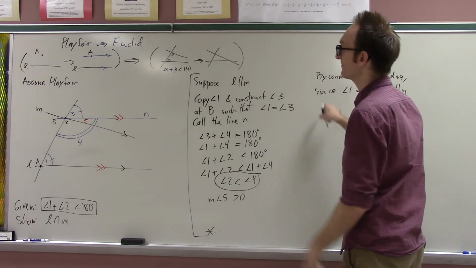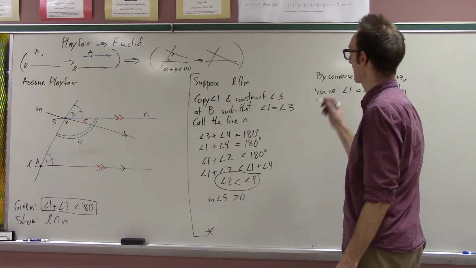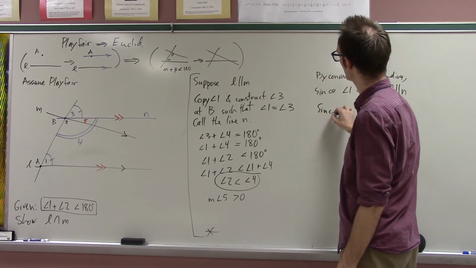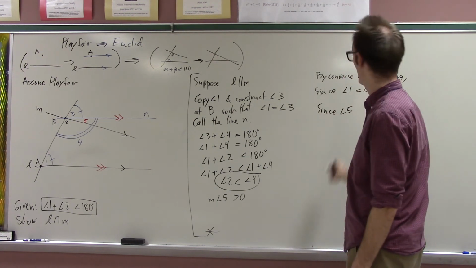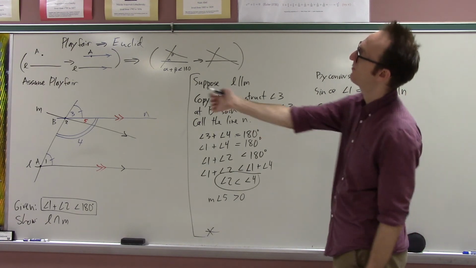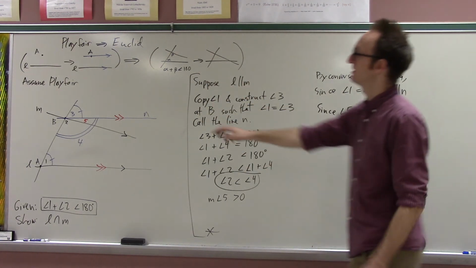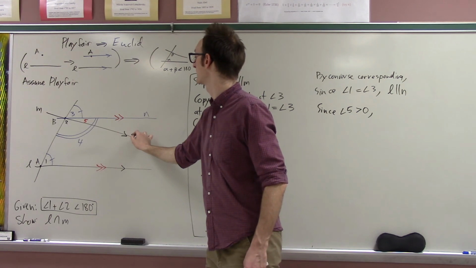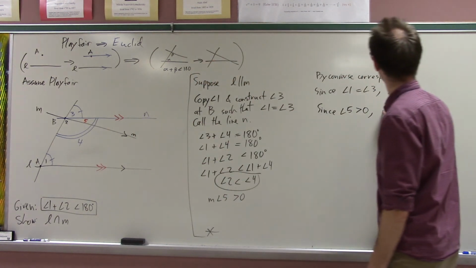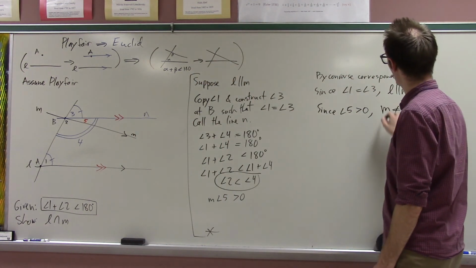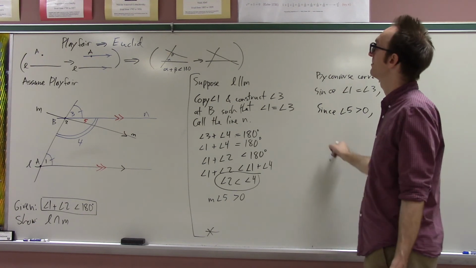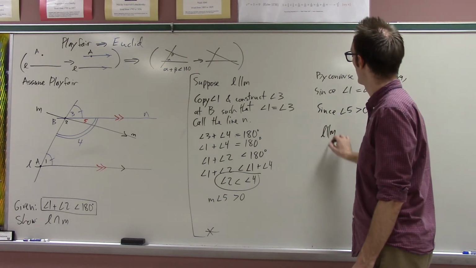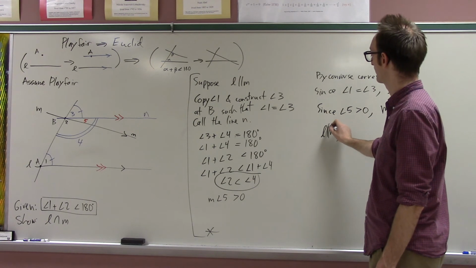And so what we have here is the fact that since angle 5 is positive, line M, which is this one, and line N are not the same. M is not N. And now we have some bad times, because L is parallel to M by the assumption of this proof by contradiction.